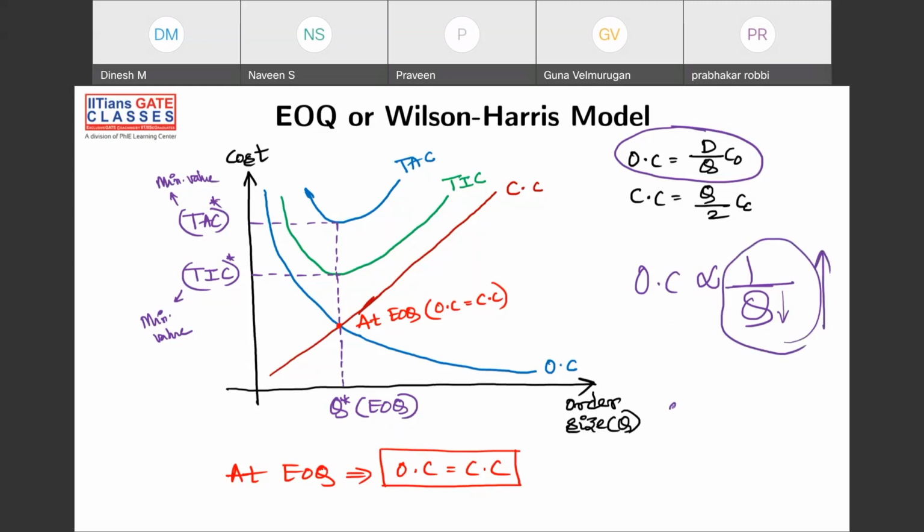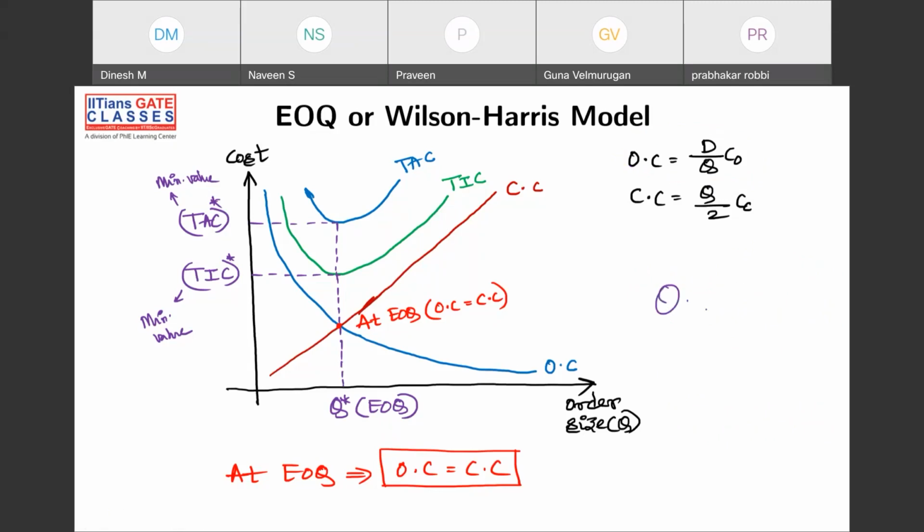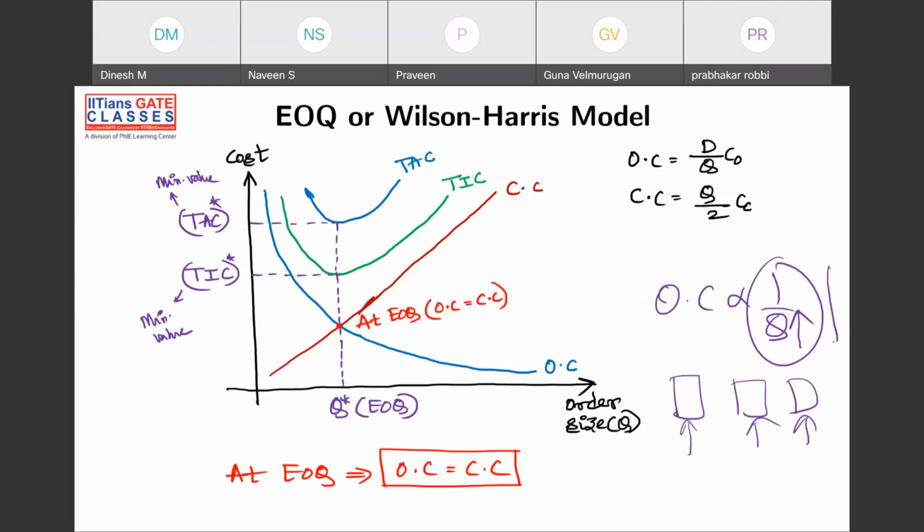Small amounts of quantity mean you're ordering so many times, and every time you order you have to pay some delivery cost or ordering cost. That's the reason why ordering cost is going up. If the quantity in each order is more, you order a big amount one time, the number of orders is reduced, so ordering cost is less.